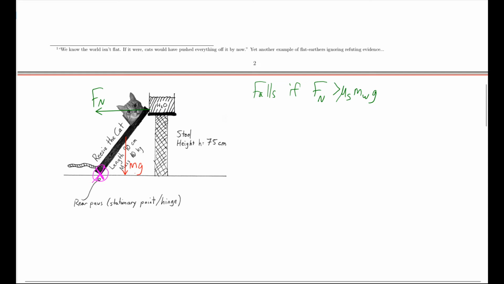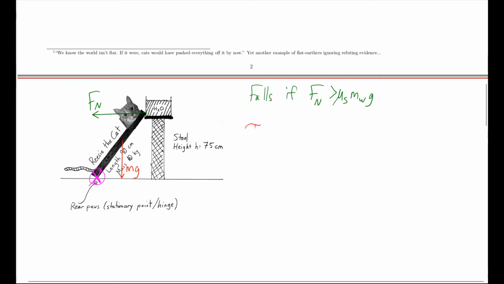Now, I'm going to calculate torques a different way in this problem. Remember that torque is either the perpendicular part of the force times the radius, or the force times the perpendicular part of the radius, or F r sine theta.